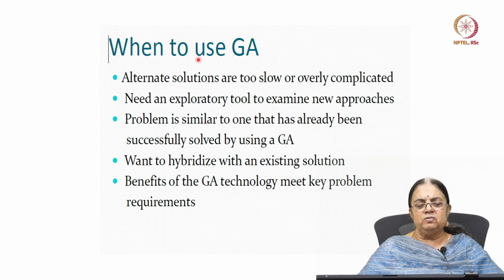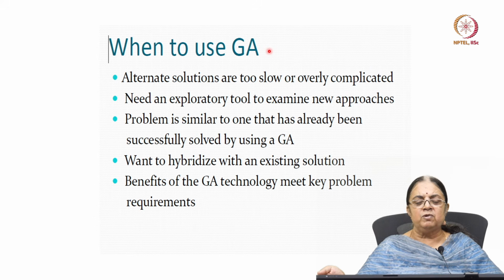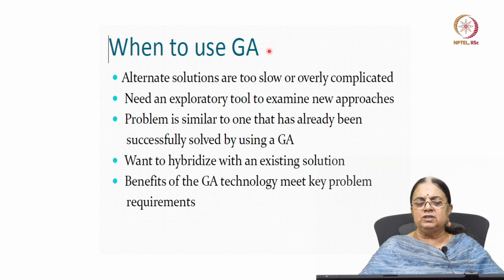Okay, you may not want to use the GA everywhere. Okay, so suppose you have a fairly straightforward optimization problem which is very easily solvable. There is no need to use GAs.